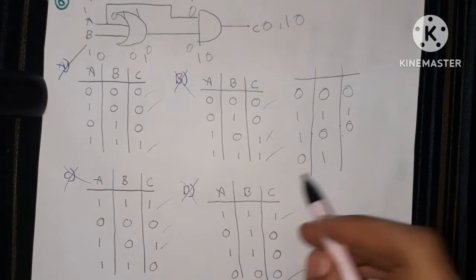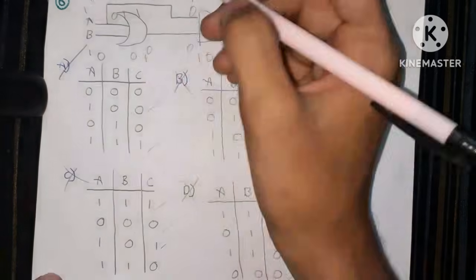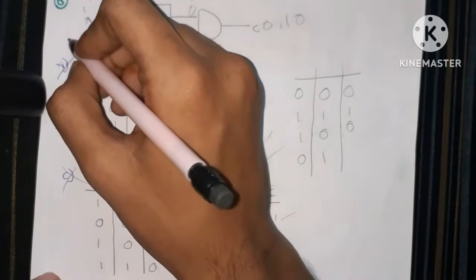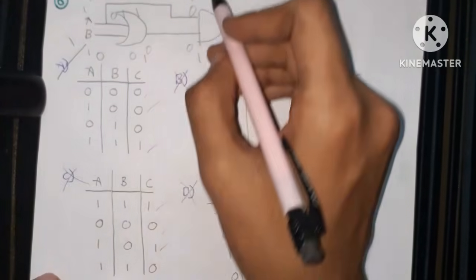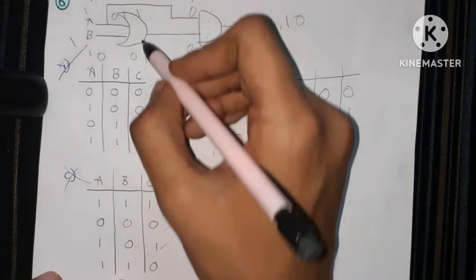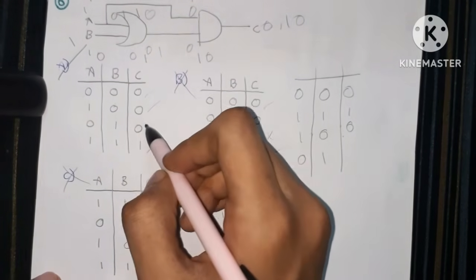See here, we will check again for safety. We will take 0 and 1. 0 will go here. Next 0 stays here, 0 stays here, 1 comes here, 1 comes here.